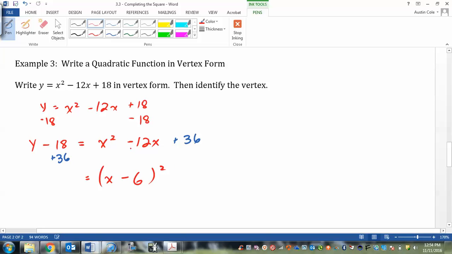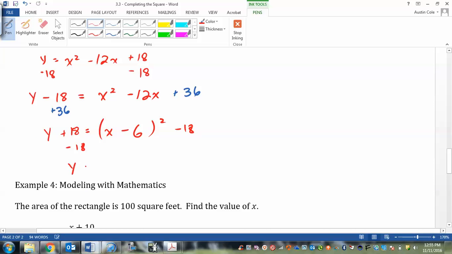Minus 6. It's going to be half of our b value. And then over here I'm going to have y minus 18 plus 36, which is positive 18. And now lastly, we are going to move 18 over. So I have y equals x minus 6 squared minus 18.